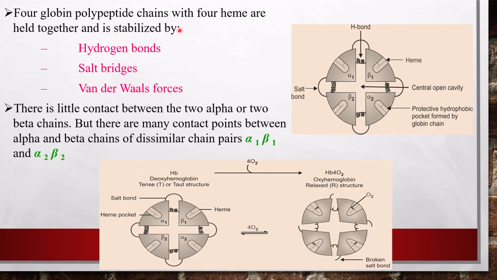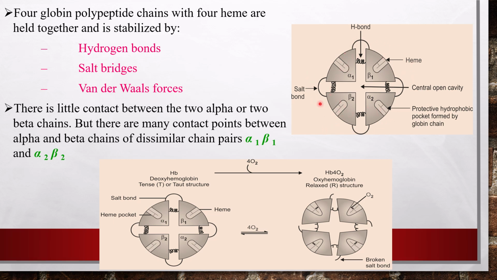The four globin polypeptide chains with four hemes are held together and are stabilized by hydrogen bonds. So we can see here there is a prominent role of hydrogen bonding, salt bridges, and van der Waals forces in order to maintain the tertiary and quaternary structure of this hemoglobin.